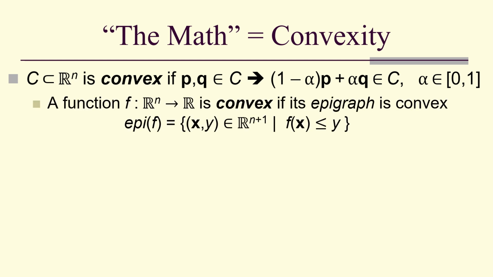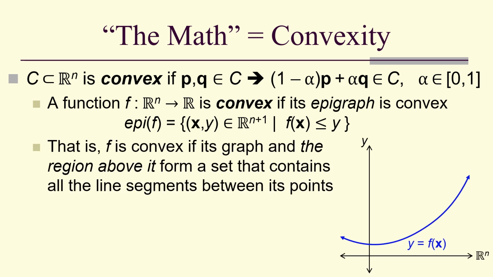A function is convex if its epigraph is convex, and its epigraph is the set of points in R^(n+1) for which f of x is less than or equal to y. That is, f is convex if its graph and the region above it form a set that contains all the line segments between its points.